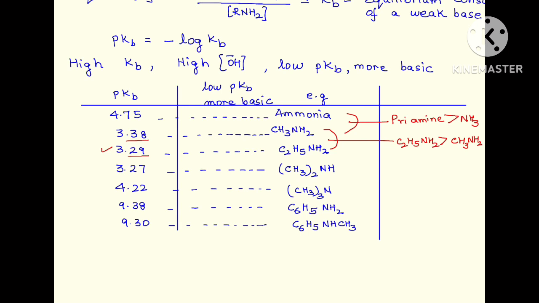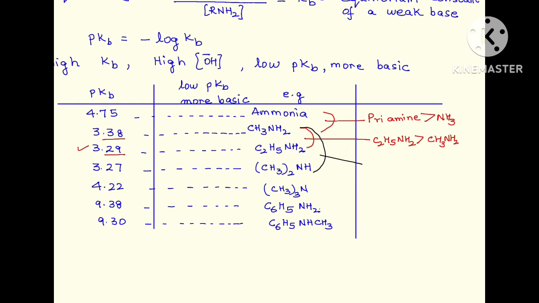Now next, let's compare methylamine and dimethylamine. In other words, I'm comparing a primary amine and a secondary amine. So what do you notice over here? What happens? Yes, a secondary amine is more basic than a primary amine.